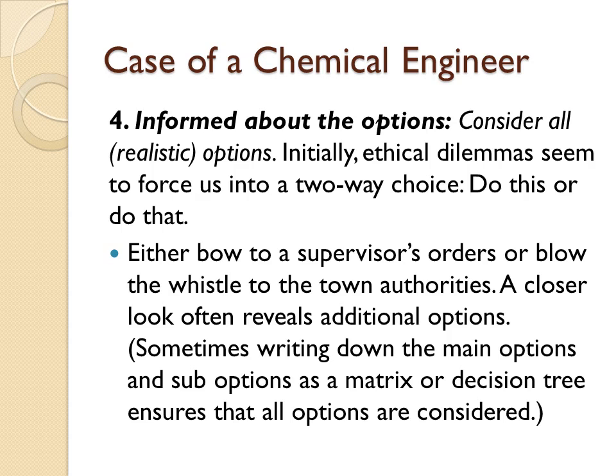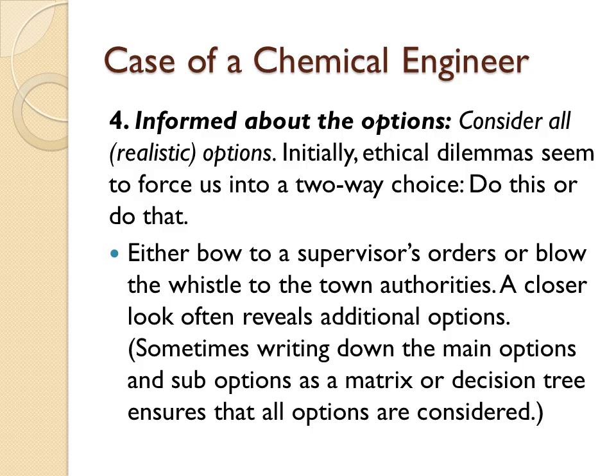A closer look often reveals additional options. If the case is understood properly and in detail, we can come up with more options, that there are not only two options, either to follow the supervisor or to go and tell everyone, even when one is not even sure.